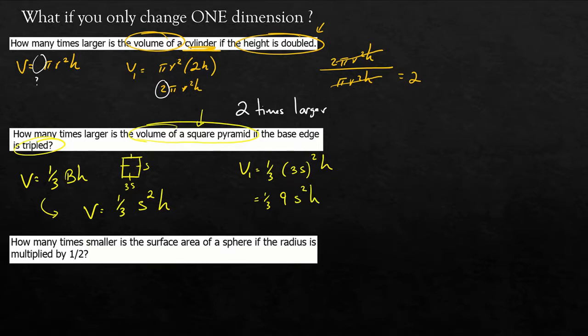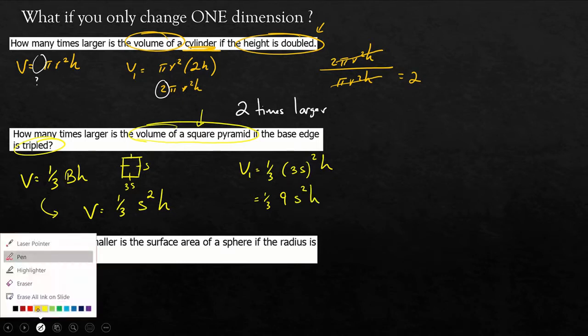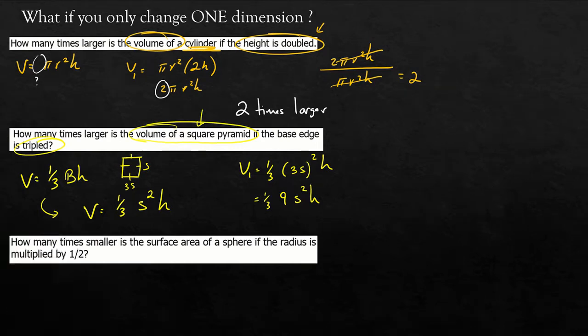And once again, officially we can simplify or divide, right? But what we're actually doing is seeing what's different, right? So the 1/3 s squared h is here, and really the only thing that's different is this 9. And so that's telling me that it is going to be 9 times larger, right? Officially, if you wanted to actually solve it or simplify it, so we already have our answer; this is a little bit extra.